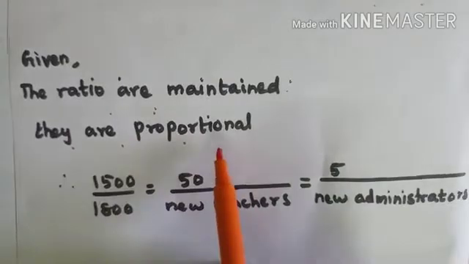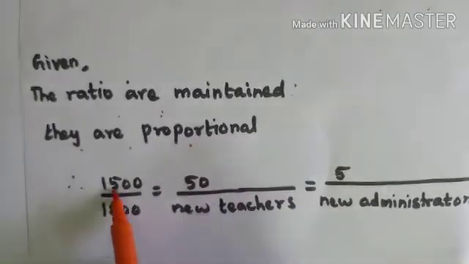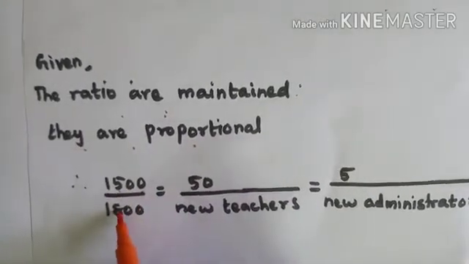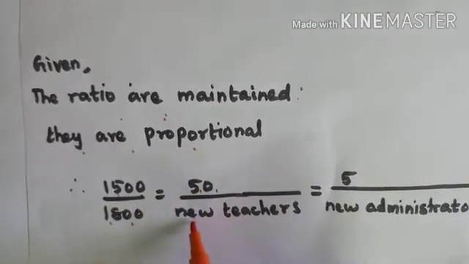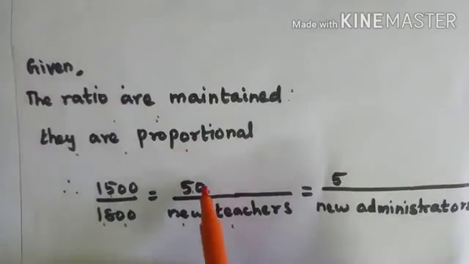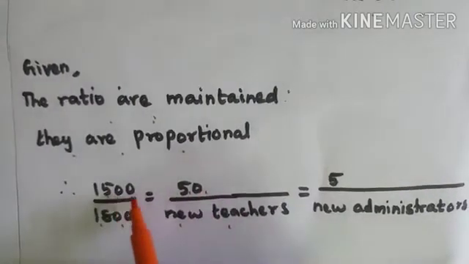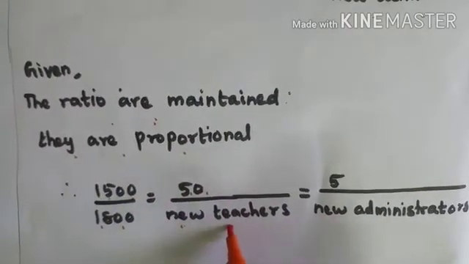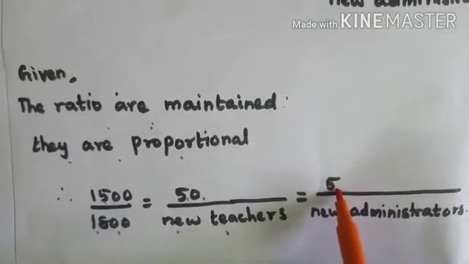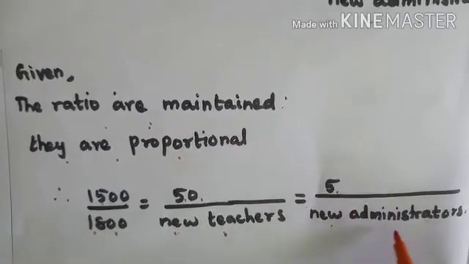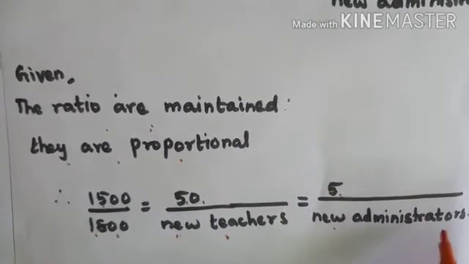They are proportional. Now you see here 1500 students divided by 1800 students. 50 teachers, so we are going to find new teachers. This is 50 teachers for 1500 students. Now the new teachers we are going to find, and 5 administrators are there. Now new administrators we are going to find.